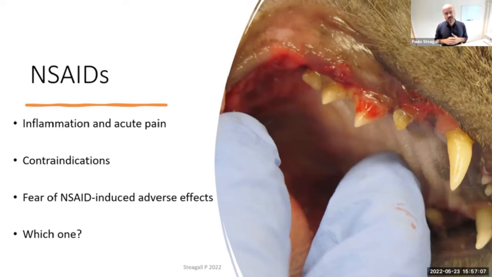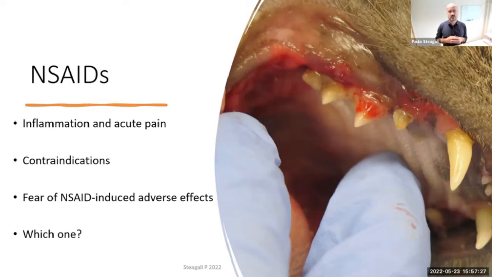So in this case, I would say that if the patient is anorexic, if the patient has vomiting or diarrhea, if the patient is hypovolemic or severely dehydrated, nonsteroidals are contraindicated. We could talk also about unstable renal disease.